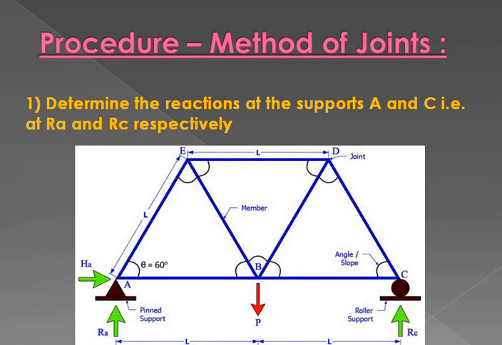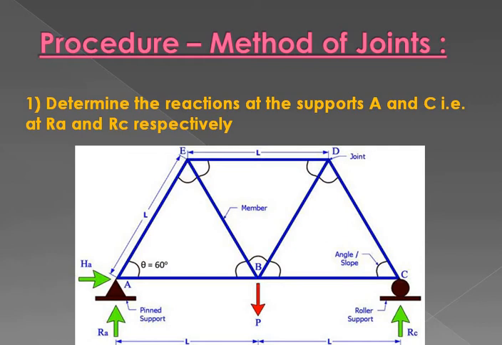Coming to support C, it is a roller support and it has only one reaction, perpendicular to the direction of the rolling. Here the reaction is vertical. And these support reactions are calculated by using the basic principles of engineering mechanics, which will be further explained in the coming videos.